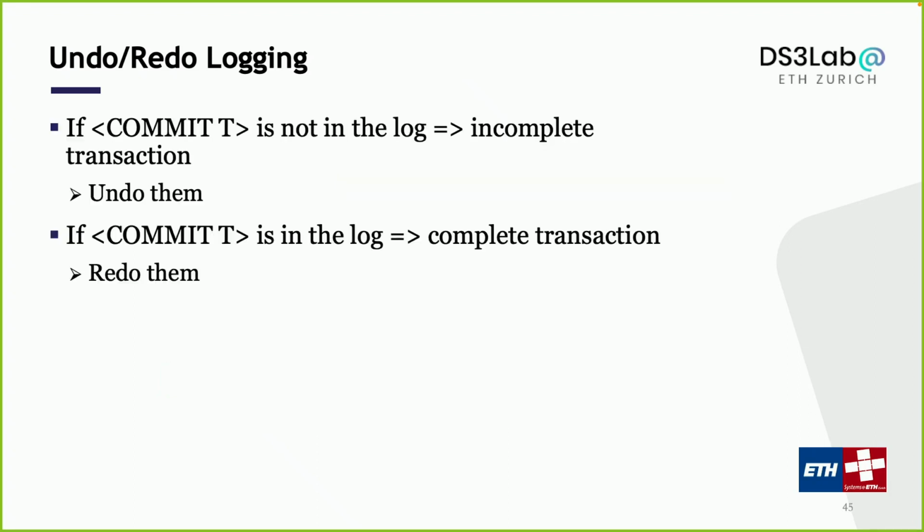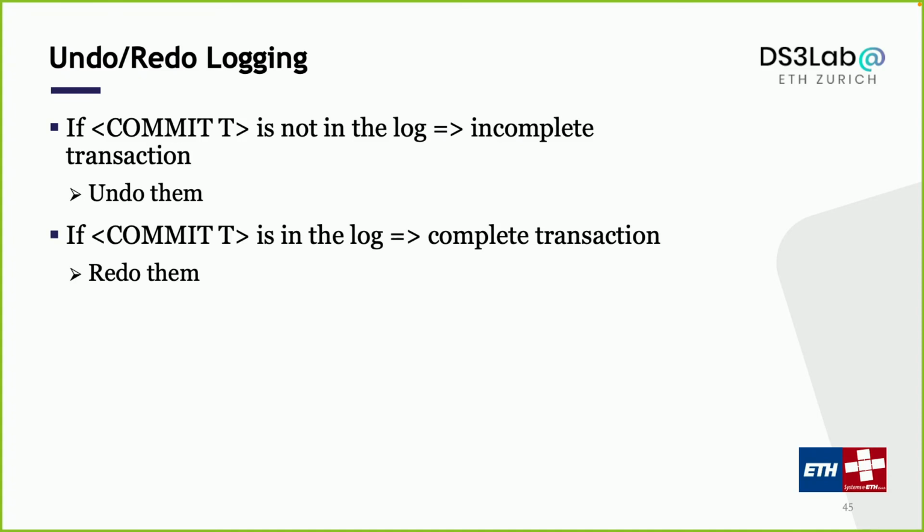If you reopen this machine during recovery, and you see a commit T record is not in the log, you assume you should abort this transaction, so you are going to undo it. If you see the commit record is in the log file, you say that's a complete transaction, so I'm going to redo it.